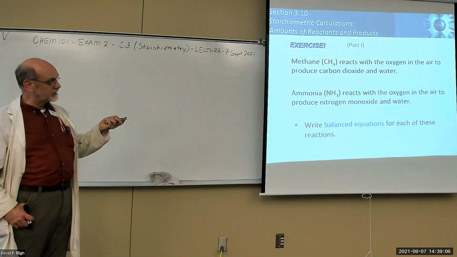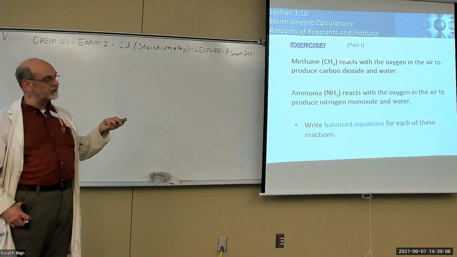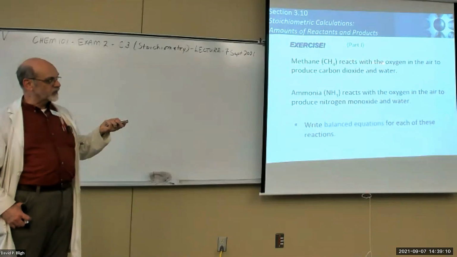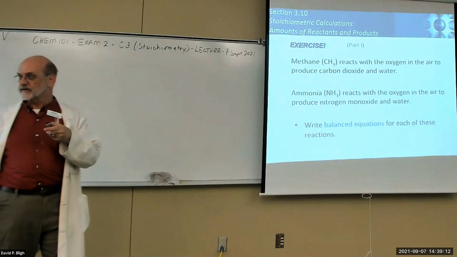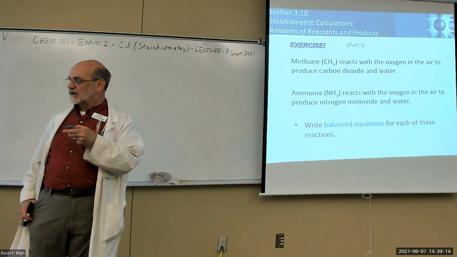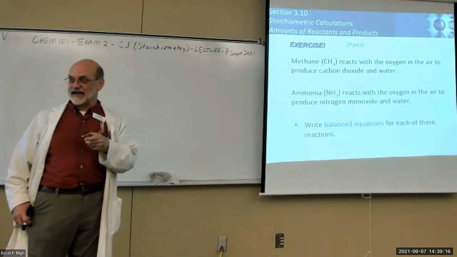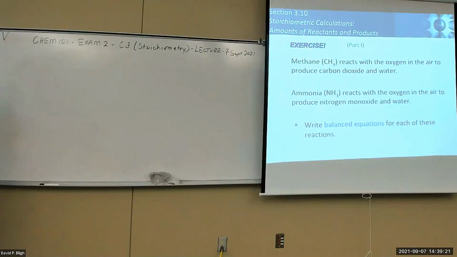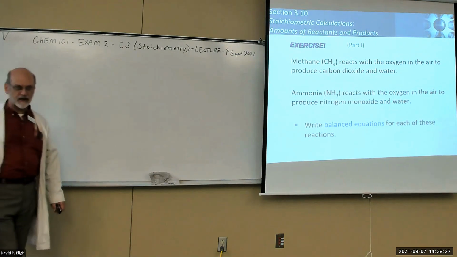Reactants: methane, I can give you the formula for methane, reacts with oxygen in the air. So what is it going to be? O2, diatomic, and hydrogen. Those are all diatomic.